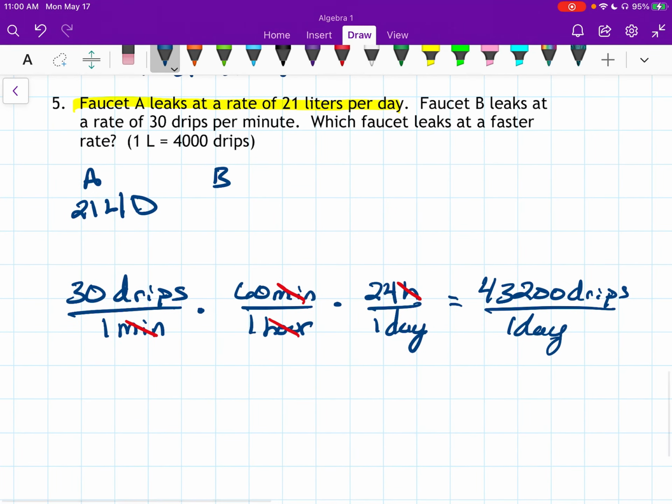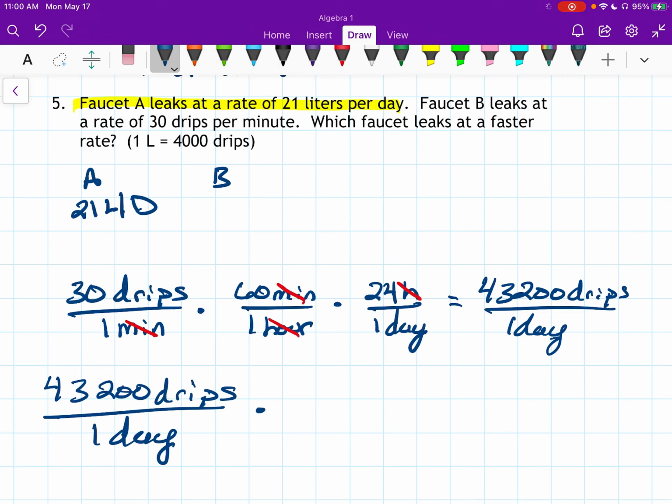Now I need to convert drips into liters. So next line I'm going to say 43200 drips per 1 day. I need a conversion factor, and I'm going to get it from this equivalence statement. So I'm going to make a fraction. It's going to have liters and drips. I'm going to put my drips on the bottom of the fraction. That way it will cancel. So I have 4,000 drips per 1 liter.